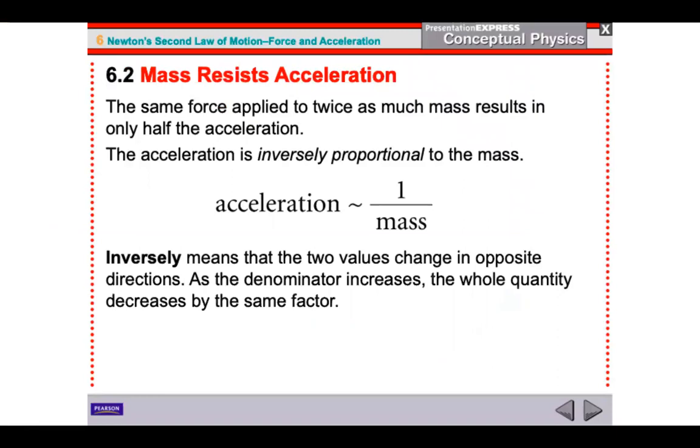Inversely means that more mass causes less acceleration. In fact, if we double the mass, it's going to produce one half as much acceleration. So for the same net force, objects with more mass won't change their velocity as much. They won't accelerate as much because of the inverse nature of this relationship.